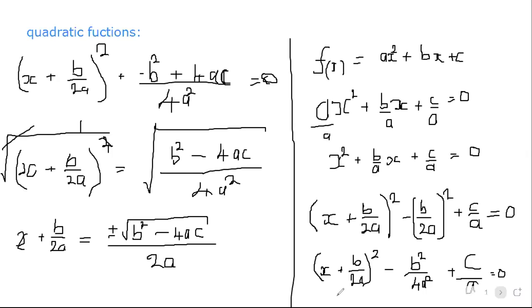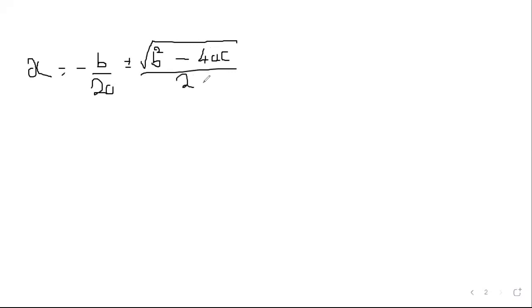Hope you understood that. So that this would be minus, what did we have here? We had x is equal to minus b over 2a plus or minus the root of b squared minus 4ac over 2a.